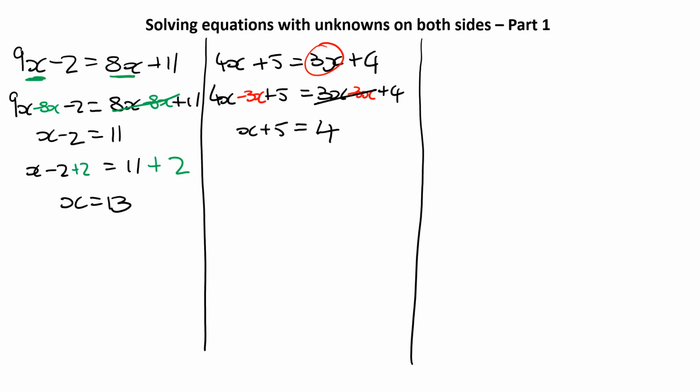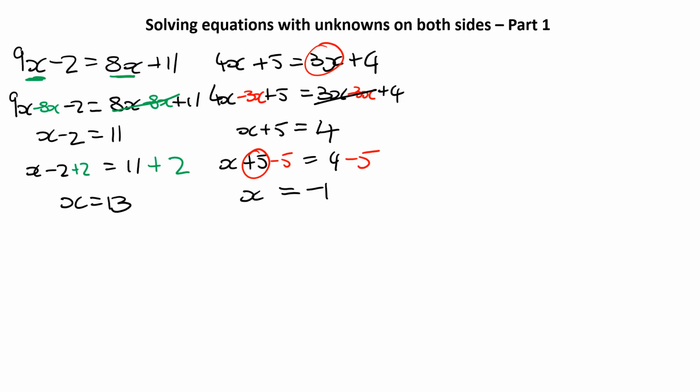And as we would have seen previously, to balance this, I'm going to go minus 5, and that means I've got to do minus 5 on that side. So therefore, my answer is x equals 4 minus 5, which is minus 1.